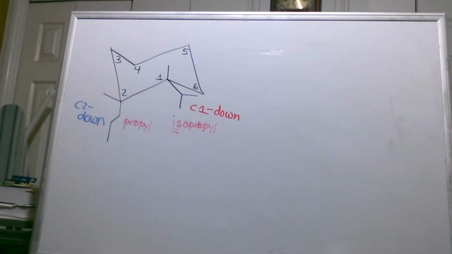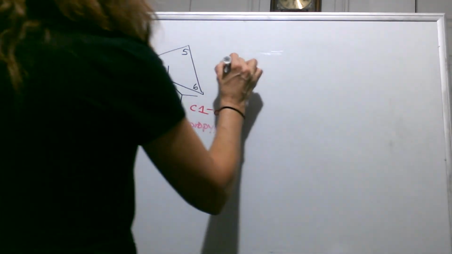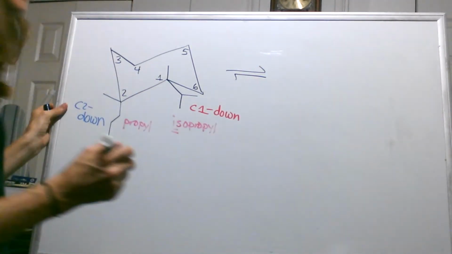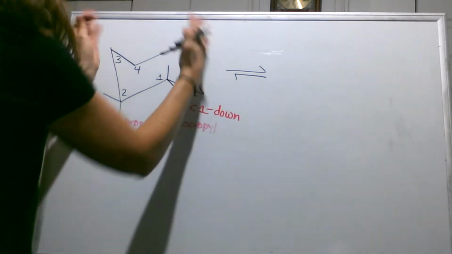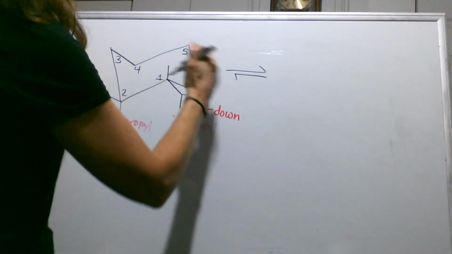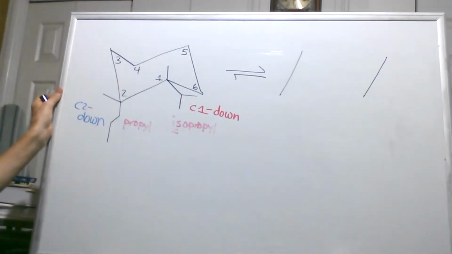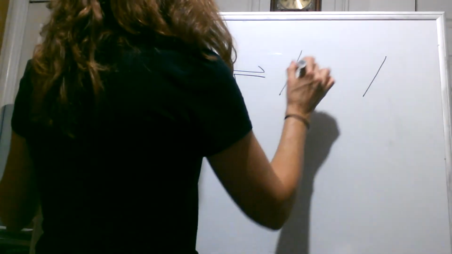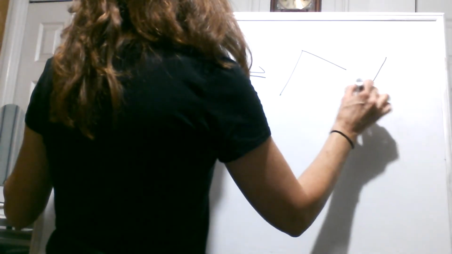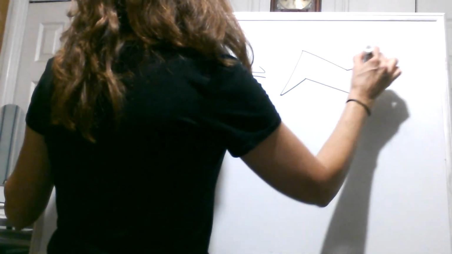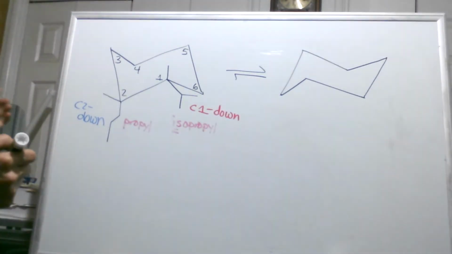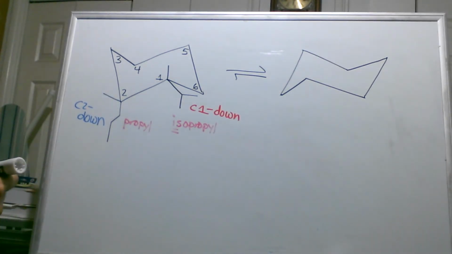We only have 2 substituents to deal with, so let's go through the ring flip. The original slant of the parallel lines was in this direction, so the slant of the parallel lines will go in the opposite direction. And then we draw the chair. It's looking less parallel as the day goes on, but I think you get the idea.